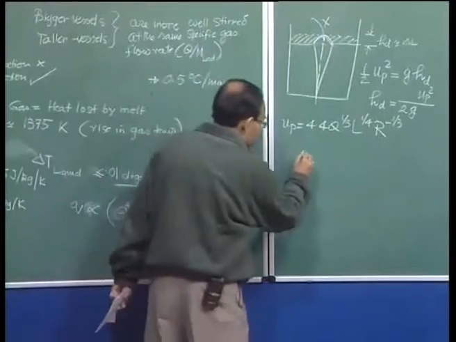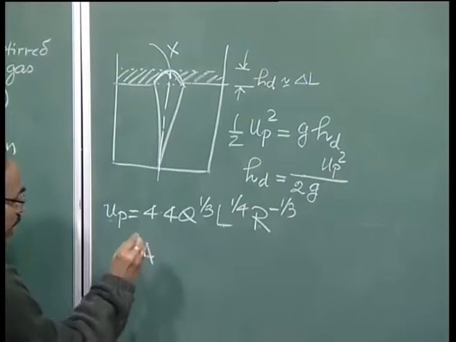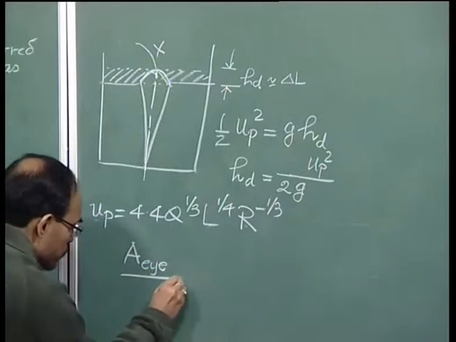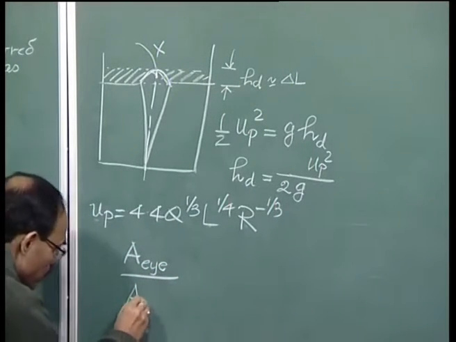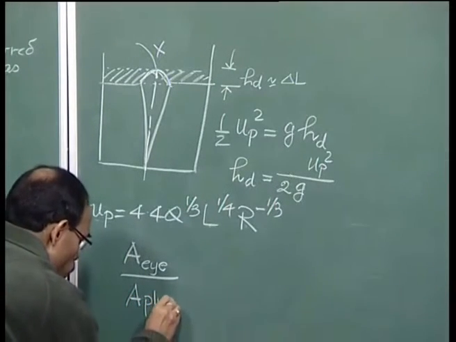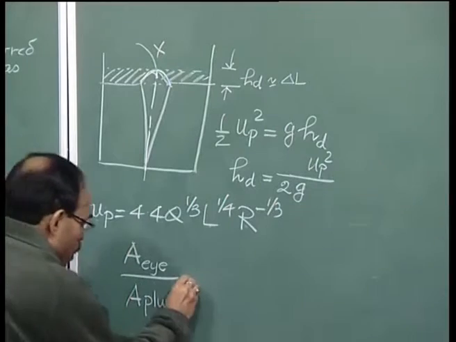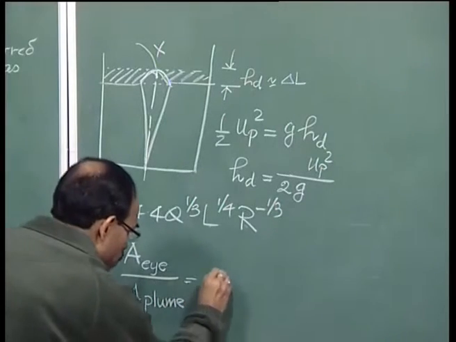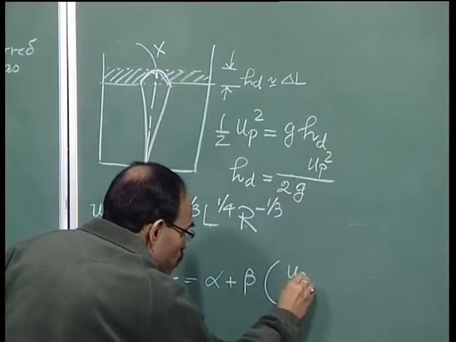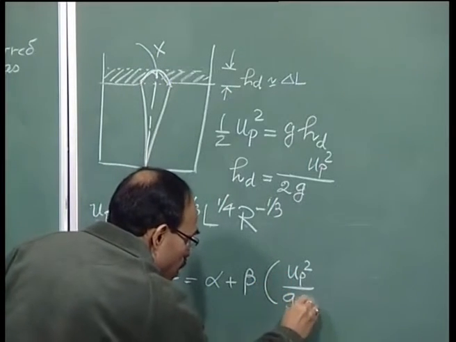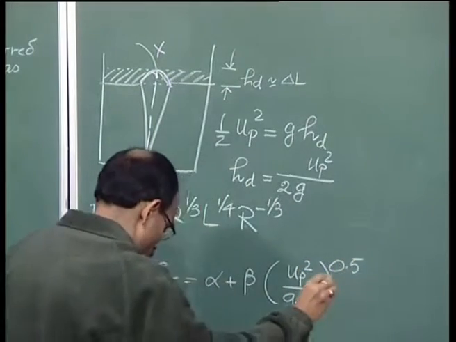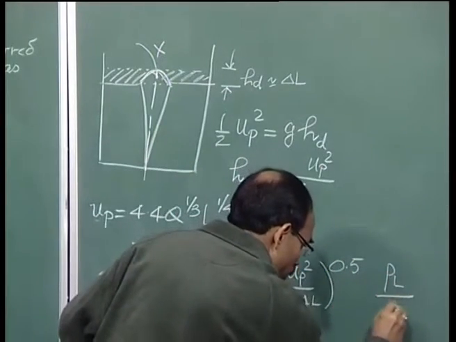Now, the exposed eye area, the area of the eye to the area of the plume, is roughly equal to a constant alpha, beta, then we have Up square by g delta L raised to the power 0.5, and then we have rho L divided by delta rho.